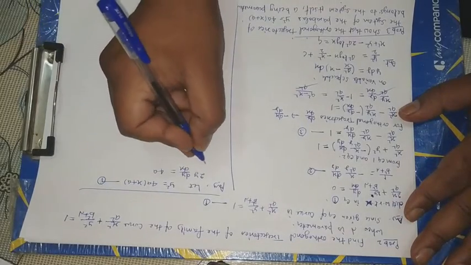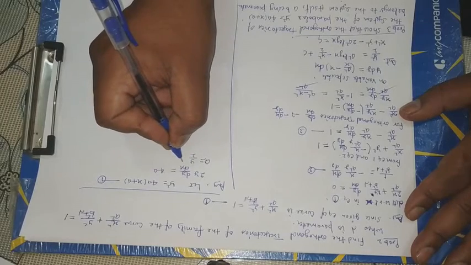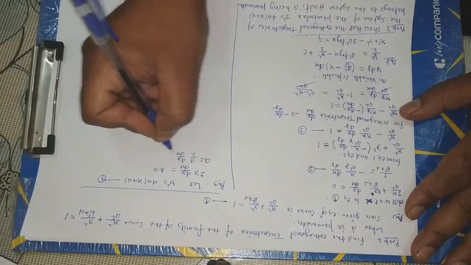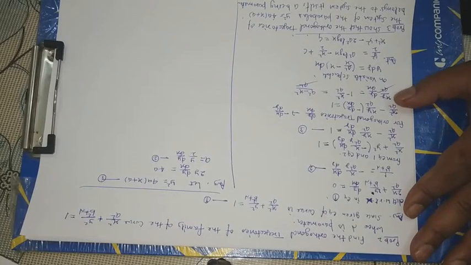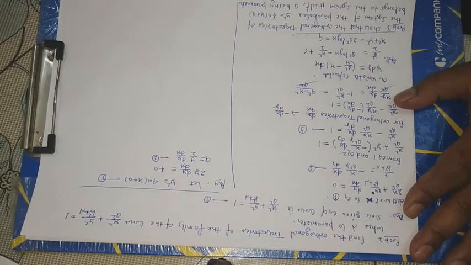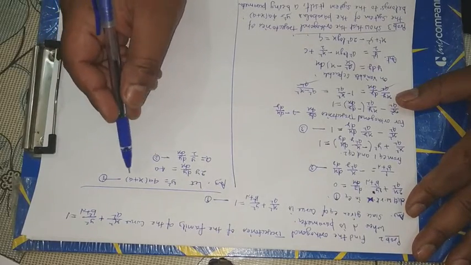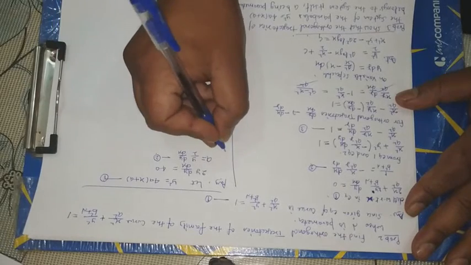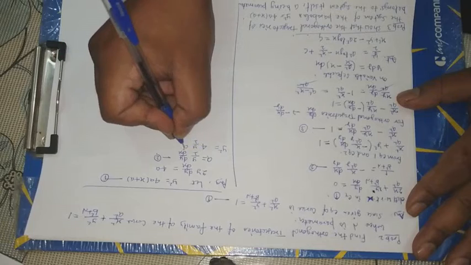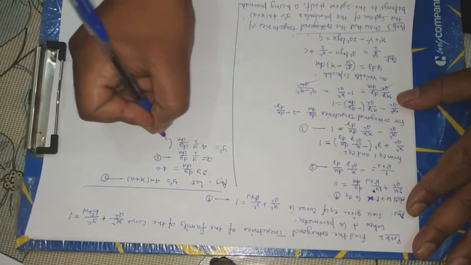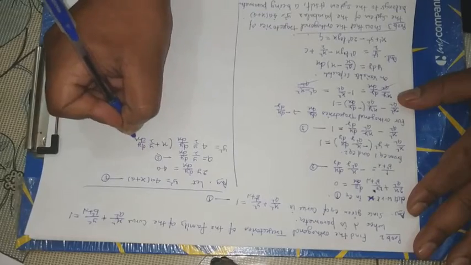That is, a is equal to y by 2 dy dx, represented by equation number 2. Now putting the value of a from equation number 2 in equation number 1, that is, y square is 4 y by 2 dy dx into x plus y by 2 dy dx.